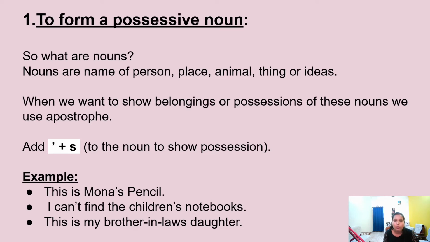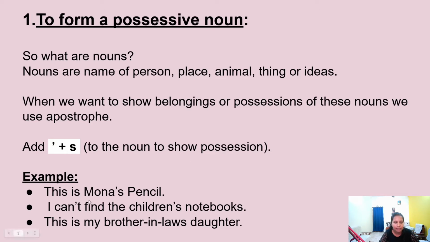When we want to show belongings or possession of these nouns, we use apostrophe. How do we show it? Can you see here? Add this mark plus s. This is apostrophe plus s, which we use to show possession to a noun.